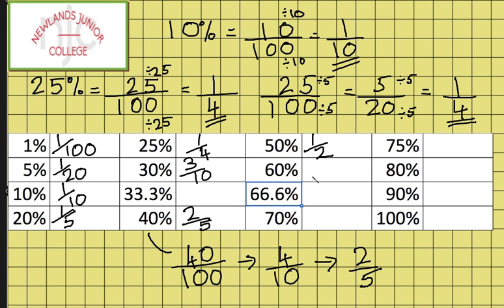You might take it down to 6 over 10, and eventually you'll get to 3 over 5. 70%, in many ways that's a little more straightforward, that's just 7 over 10. 75%, another one of those famous fractions, 3/4. 80%, well your initial step would be 80 over 100, you would then break that down to 8 over 10, and eventually 4/5, like so. 90%, that's 9 over 10.